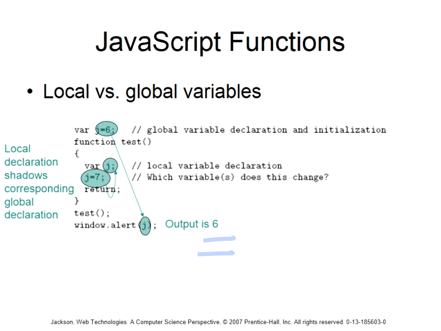Because g here is a local variable. So the modification of g will be local, only on function. After that, when we write window.alert g will be 6, not 7. It is clear?